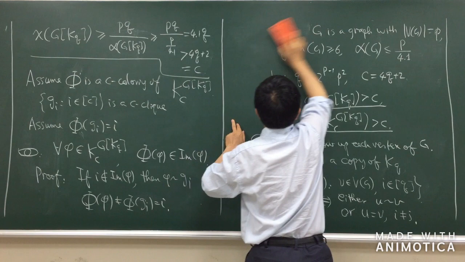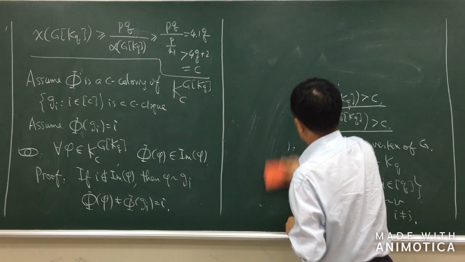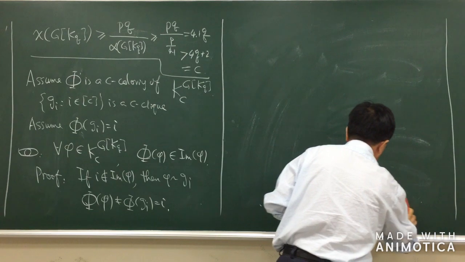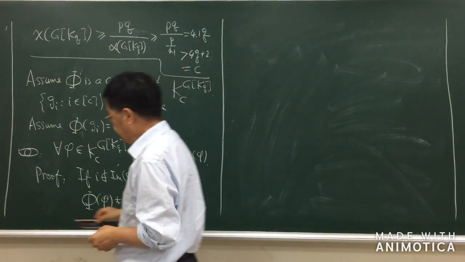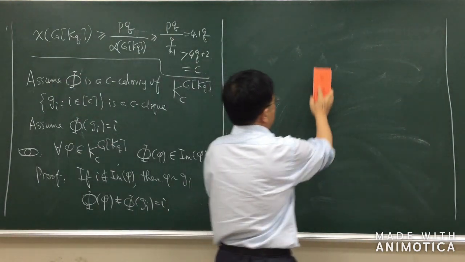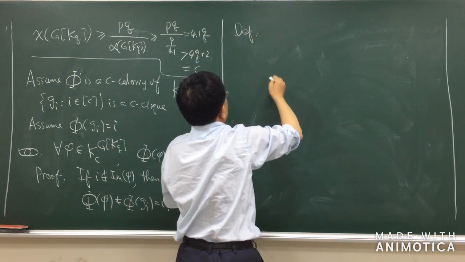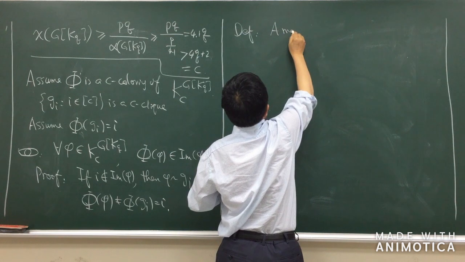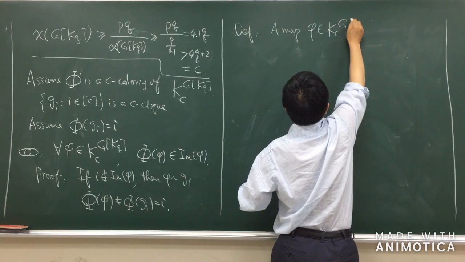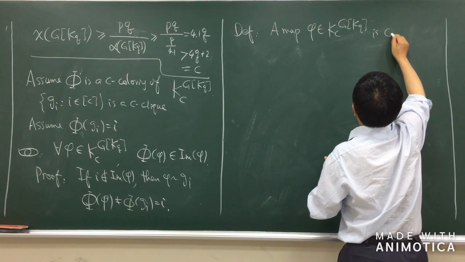Okay. Now, we define a simple map. A map phi in here is called simple.